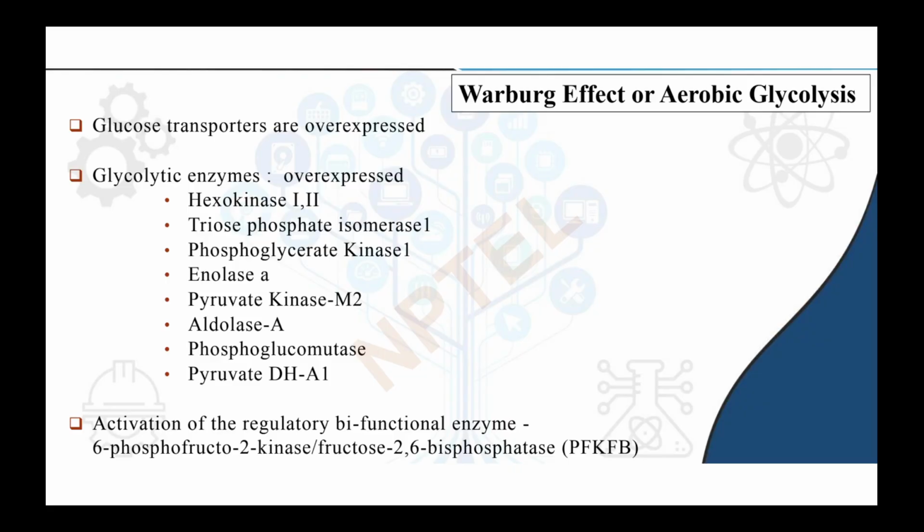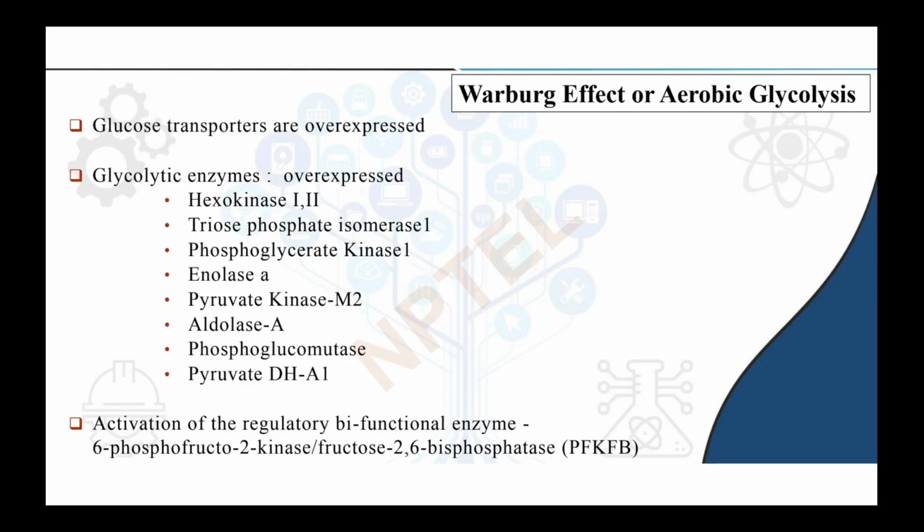So glucose transporters are overexpressed because aerobic glycolysis is happening, so you need more and more glucose. Then glycolytic enzymes are overexpressed, so hexokinase 1 and 2, triose phosphate isomerase 1, phosphoglycerate kinase 1, enolase A, pyruvate kinase M2, aldolase A, phosphoglucomutase, and pyruvate dehydrogenase kinase 1.